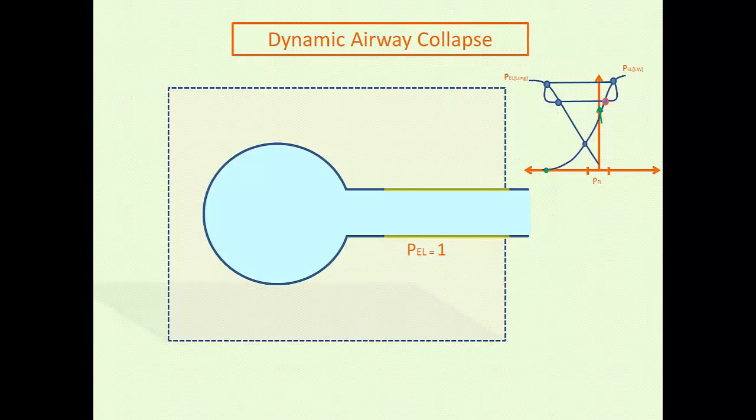And then they force out an expired volume, and it increases their intrathoracic pressure as they forcibly breathe out. Well, now their driving pressure is less, and the decrease in the driving pressure is driven in this example by a halving of their elastic recoil pressure.